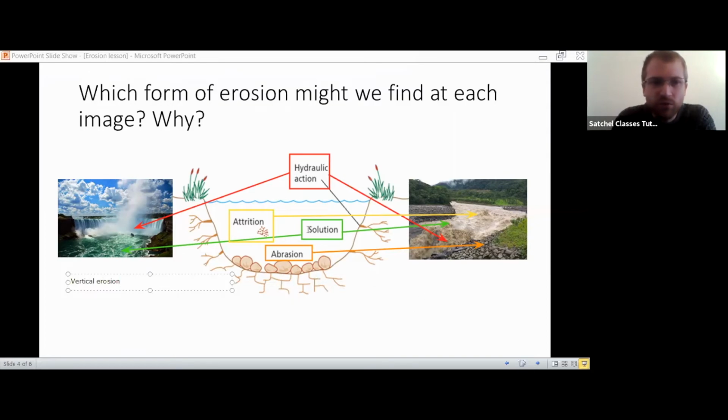Now we can also argue that with our image on the right, because we can see a step in the foreground. We also can see that there's steep terrain in the background, so therefore we can make the assumption that we might be still in the upper course where the river needs to erode downwards. Okay, so we can put together these kind of assumptions.